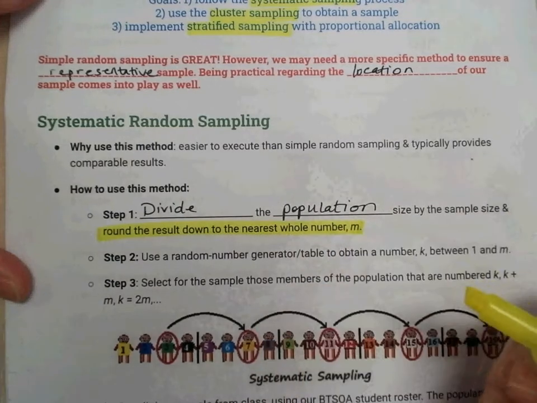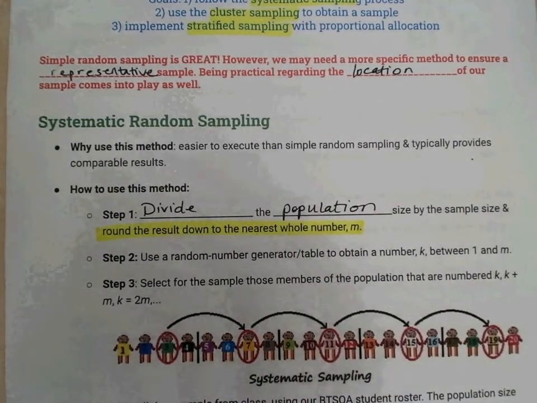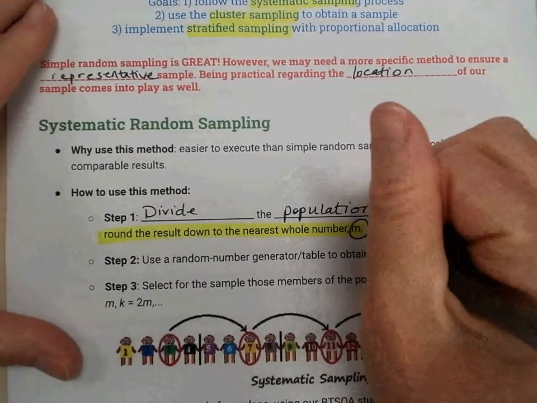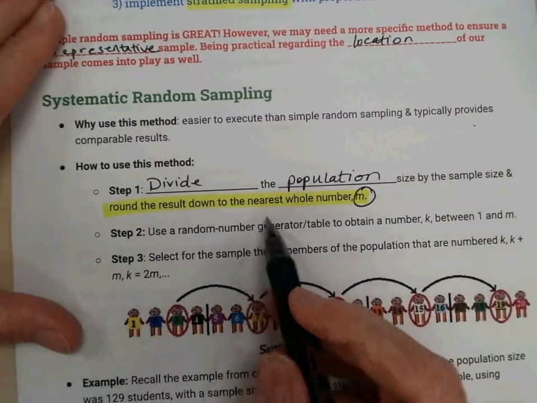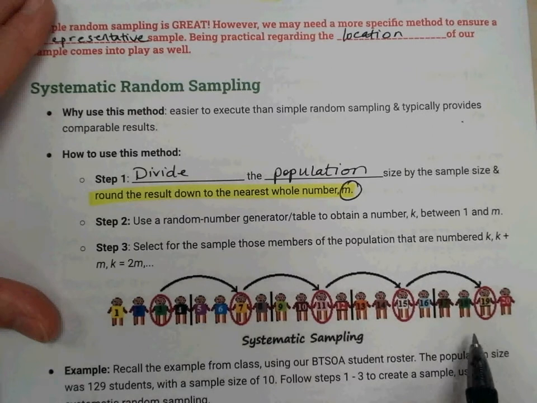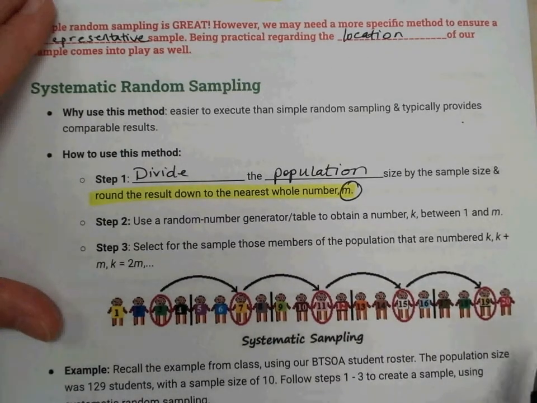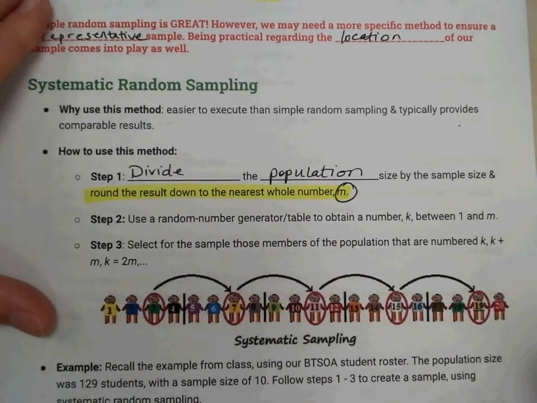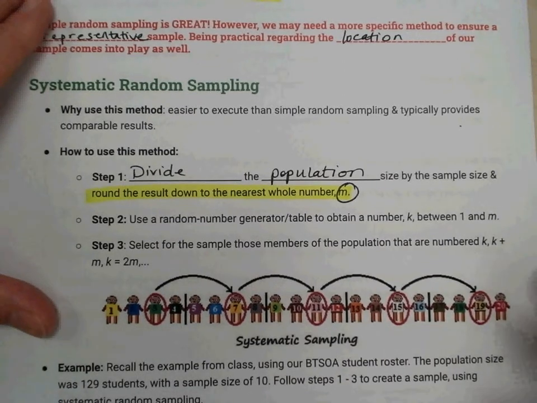And we're going to call that result m, okay? The reason we'll round that down will become apparent: if we rounded to the nearest whole number like we typically do, we might go outside of the numbers of our actual population, and we couldn't get the entire sample to fit within that range.